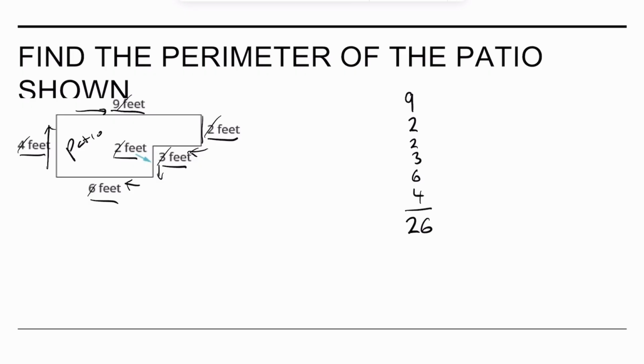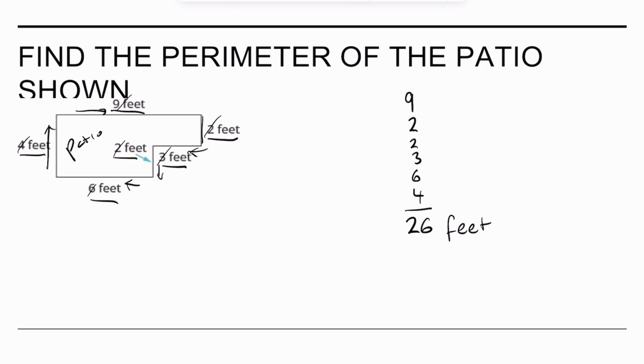Now another key thing here is because we're talking about some kind of measurement, it has some unit. So the unit in this case would be feet. So if we're measuring in meters, we need to write at the end meters. If we're measuring in feet, we write feet. If we're measuring in kilos, we write kilos. So anything with a unit we need to carry through at the end. So this would be 26 feet.